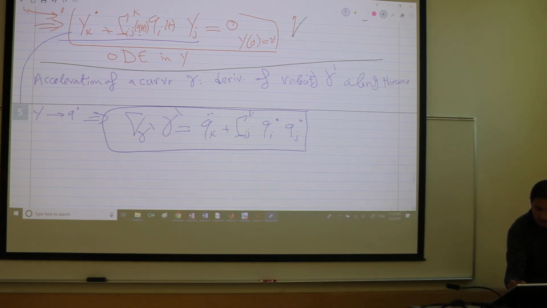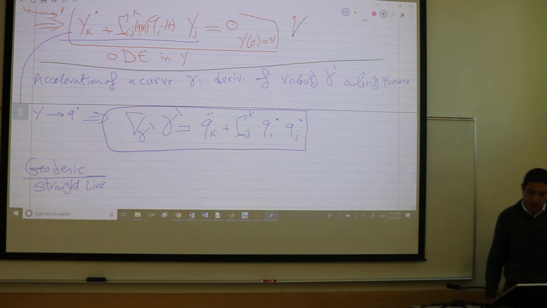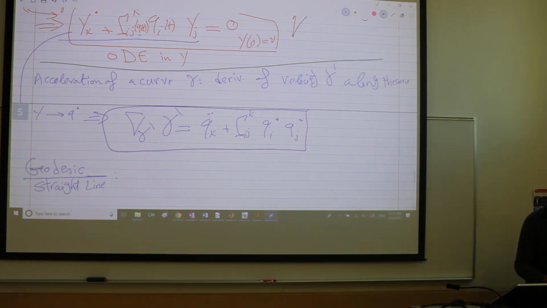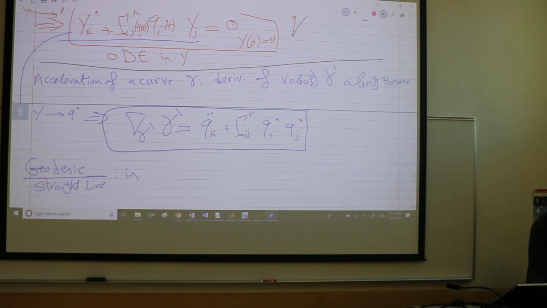And in particular, we will have the definition of something very useful and very famous, the geodesic. What is the geodesic? It's just a straight line. Because we spent a lot of time discussing it in 241, I will not spend too much time on it, but how do you define a geodesic in this regard?